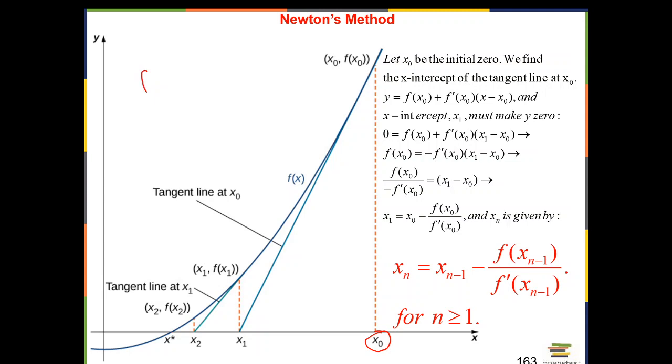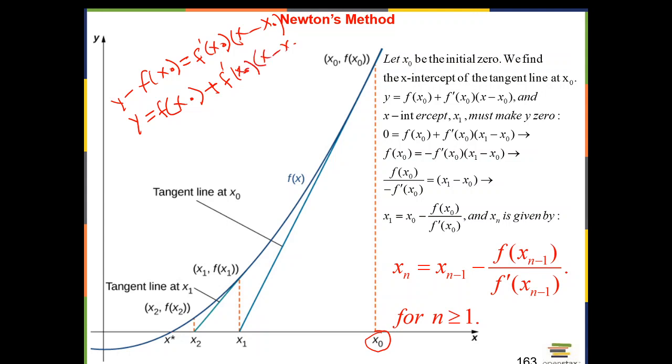Well, that would be y minus f of x sub 0 equals f prime at x sub 0 times x minus x sub 0, right? So if you solve for y here, you get y equals f of x sub 0 plus f prime of x sub 0 times x minus x sub 0.